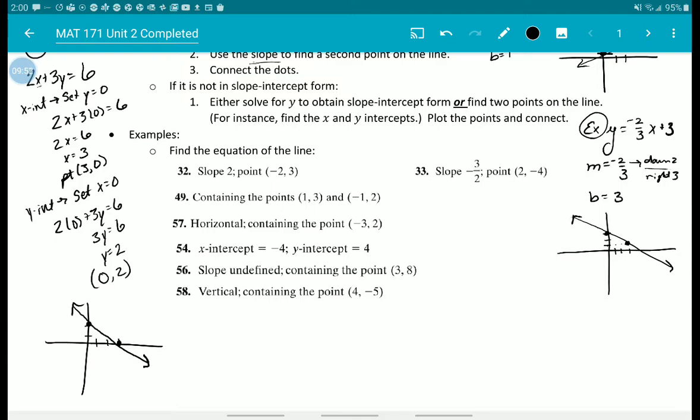So now we want to move on to finding equations of lines. Let's look at a few of those examples. Let's look at number 32. We have a slope of 2 and a point of (-2, 3), and we want to find the equation of the line.